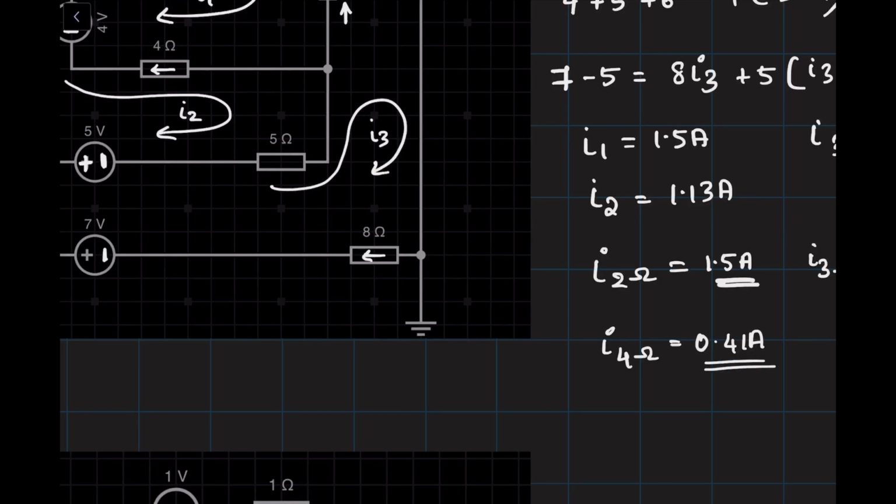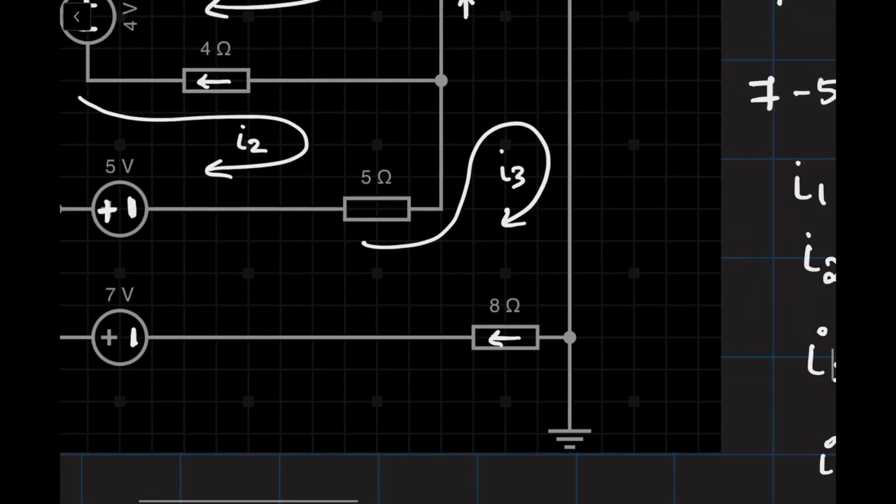Now if you take the next resistor as 5 ohms, the current flowing through 5 ohm will be equal to, let's see, I2 is flowing in this direction clockwise, I3 you can see it is moving from left to right, so the resultant current will be from right to left because I2 is leading, I2 is greater than I3.